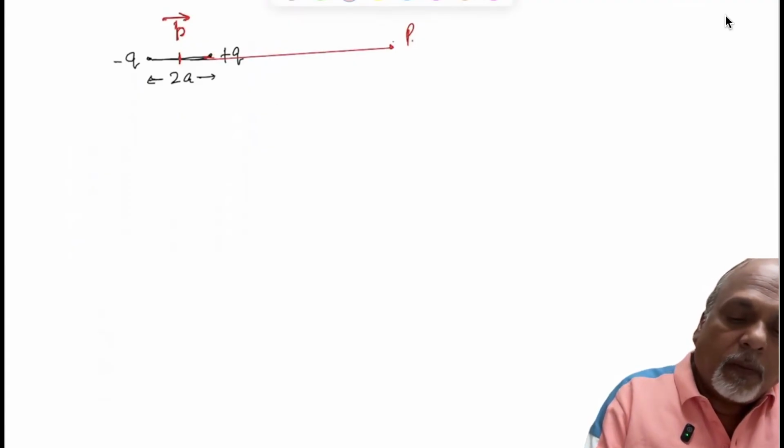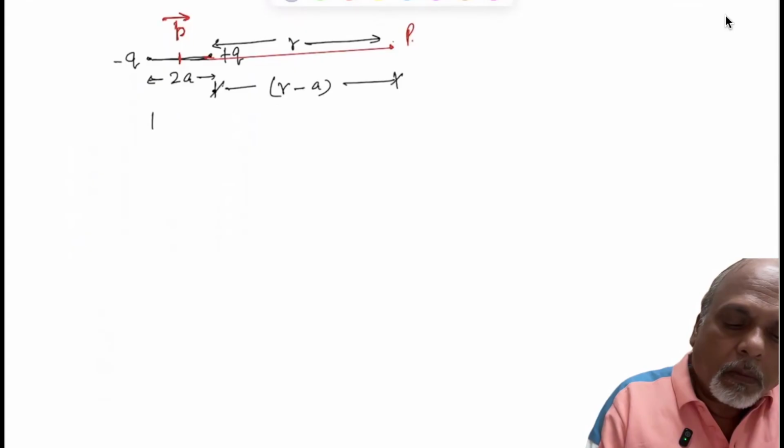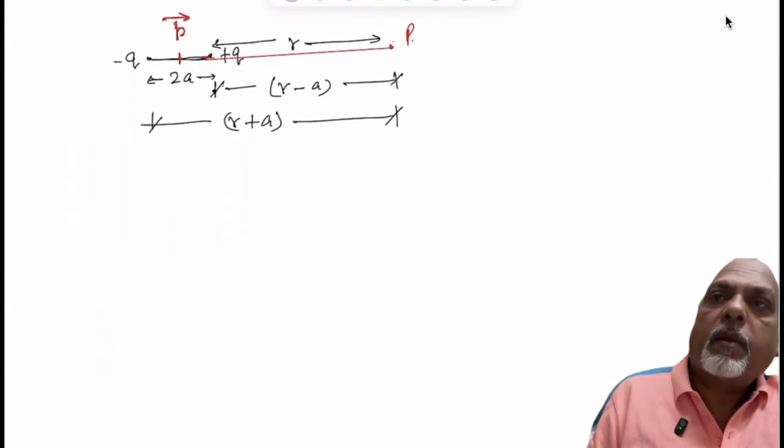So if you see from this positive charge, suppose this is r distance, then this distance is r minus a. And this distance is r plus a. Correct?